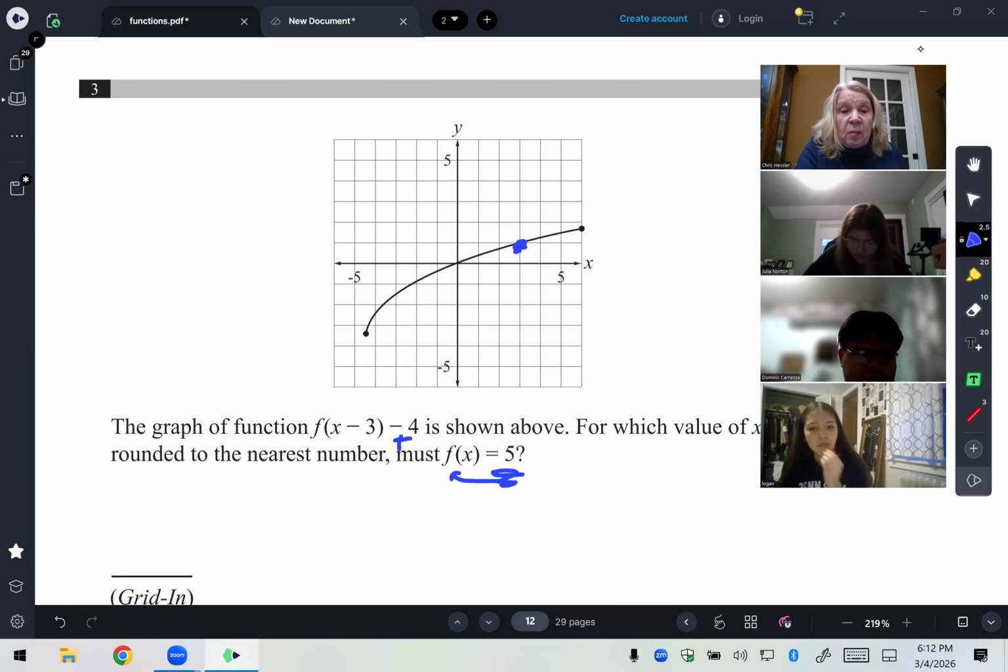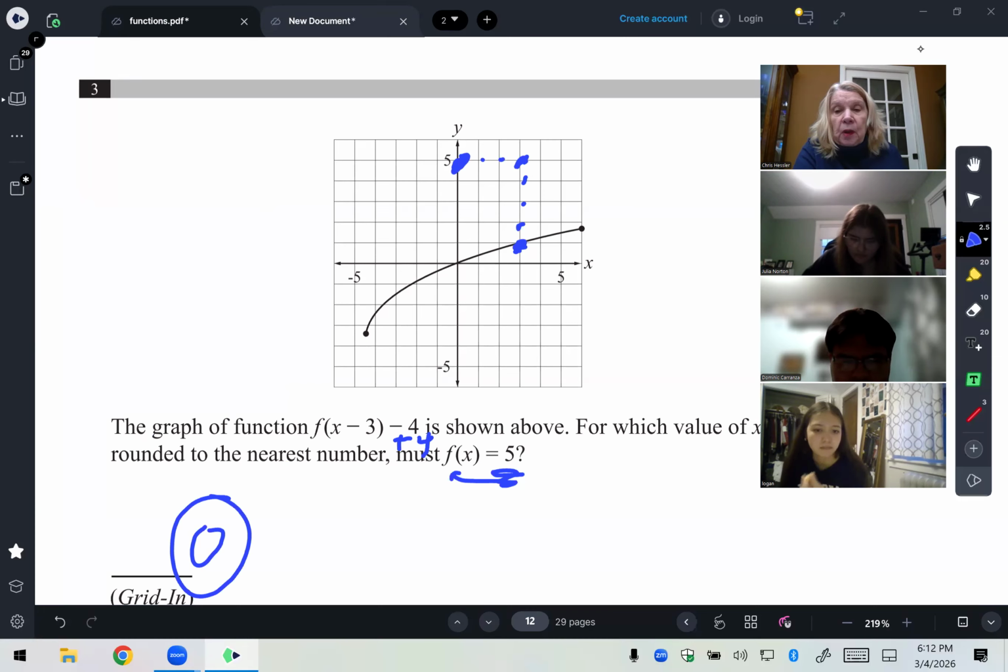So instead of going -4, we're going to go up 4. And instead of going -3, we're going to the left 3. And so f of x has to be 5 at 0. Does that sort of make sense? Undoing. I don't know if they would give you one this hard, but we were trying to over prepare you actually.